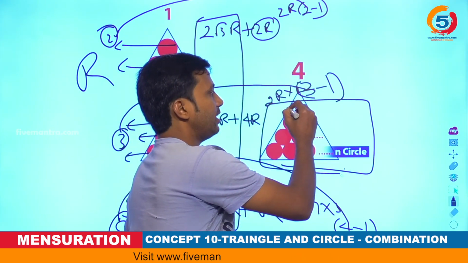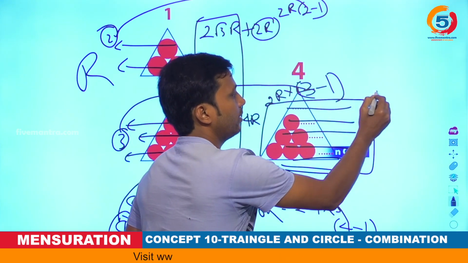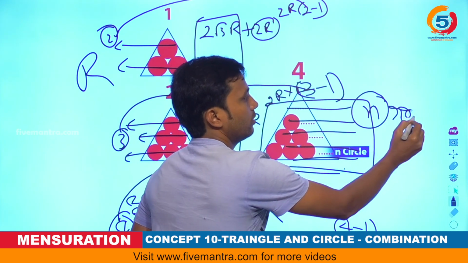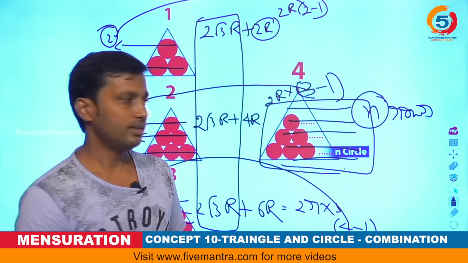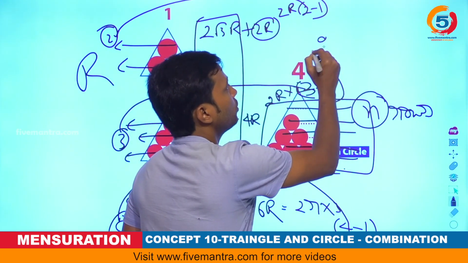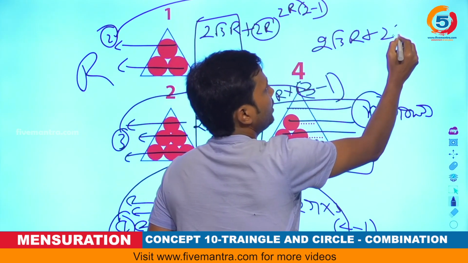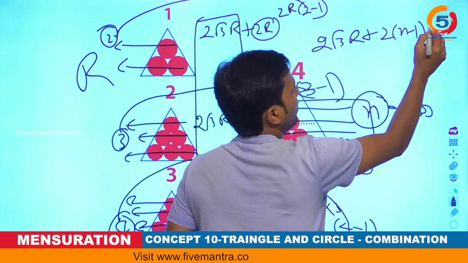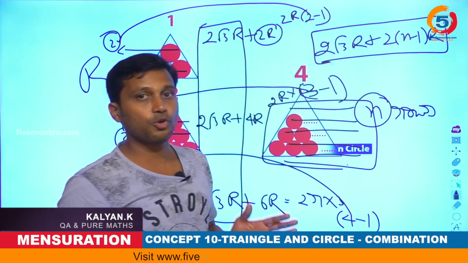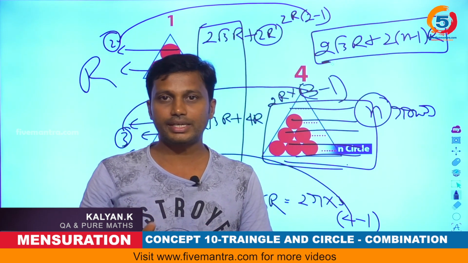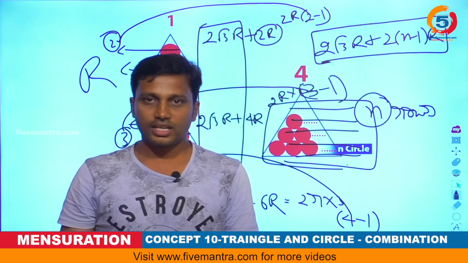Your answer should be 2 root 3 r plus 2 into n minus 1 r. This would be the side of the triangle when n rows of circles of equal radii are inserted into the equilateral triangle. We got a general pattern or not?